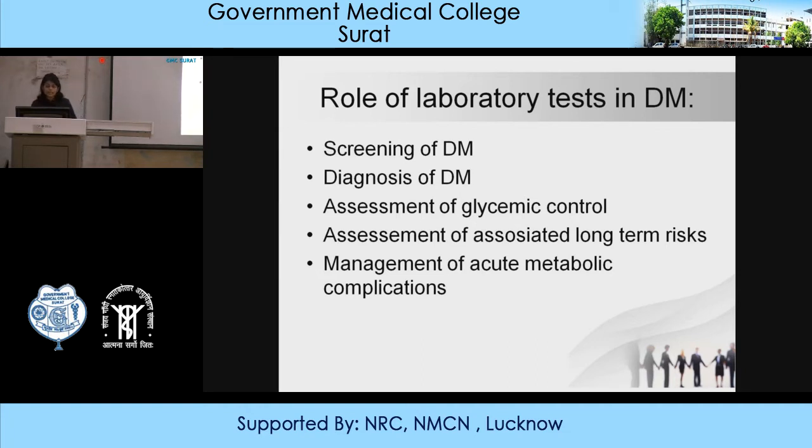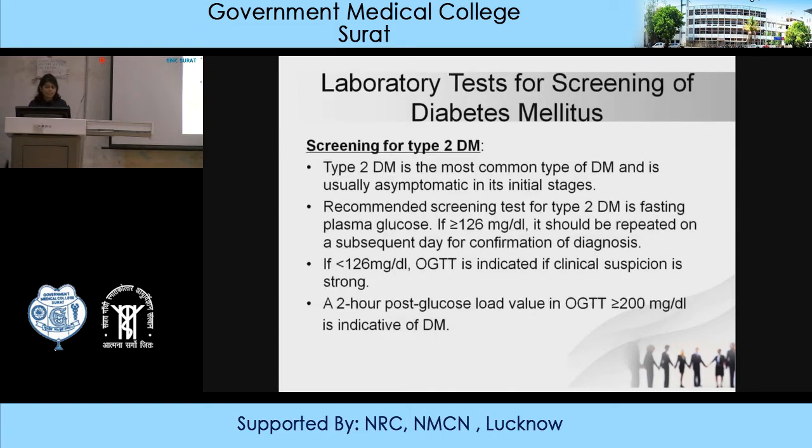Okay, starting with the role of laboratory test for screening of diabetes mellitus. Basically we need to screen patients of type 2 diabetes more in comparison to type 1 diabetes. What is the reason for the same? In type 1 diabetes, the presentation will be acute, so the patient will be coming to you by his own, and in type 2 diabetes, the course of the disease is quite insidious and gradual.